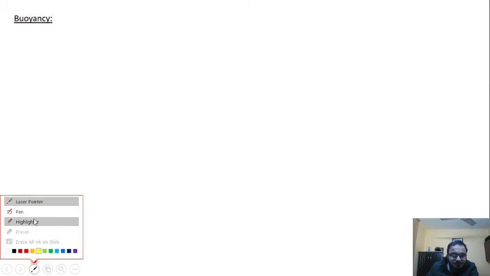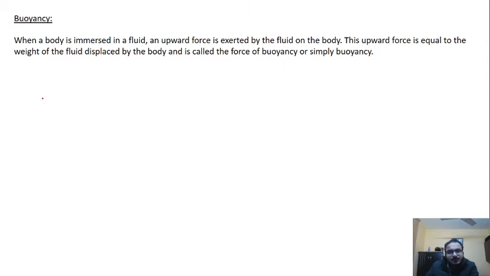Now today's theory is about buoyancy and its effects. First we will see the basic definition.